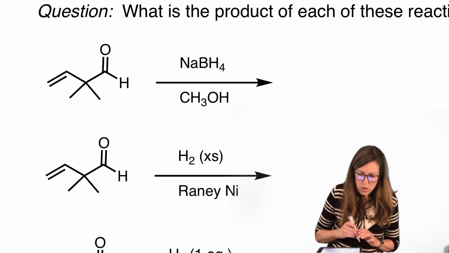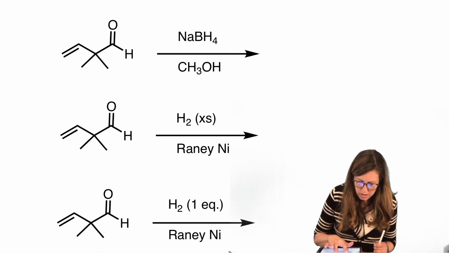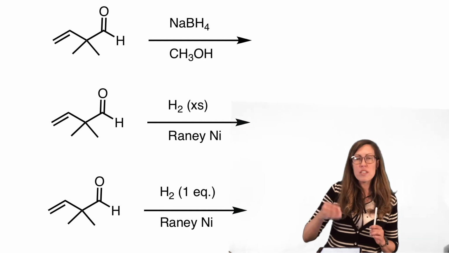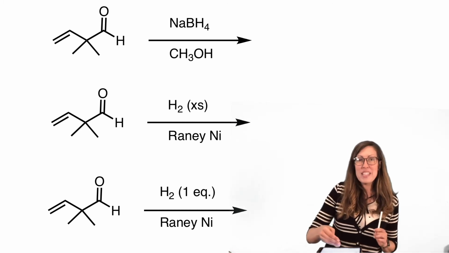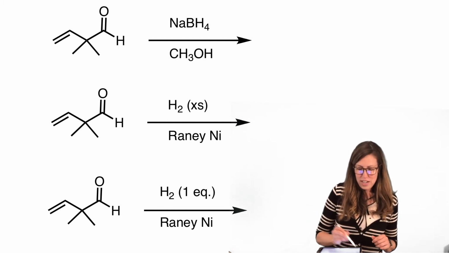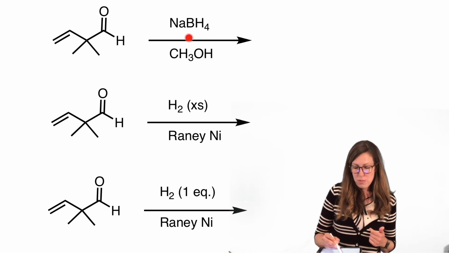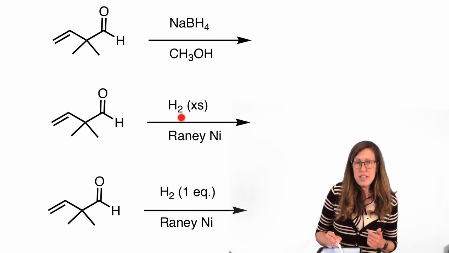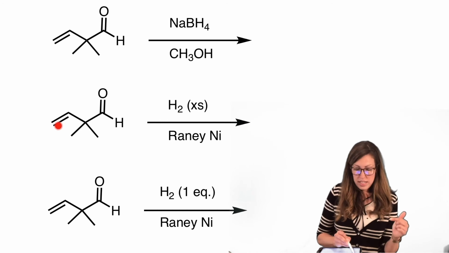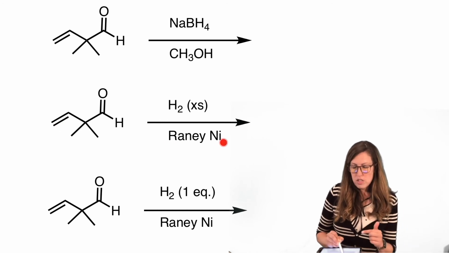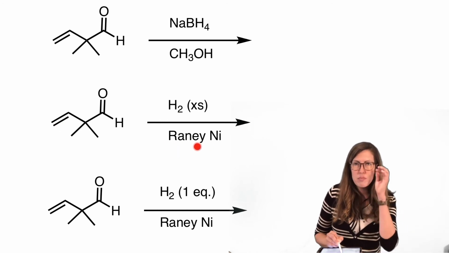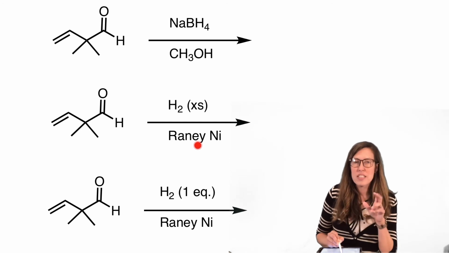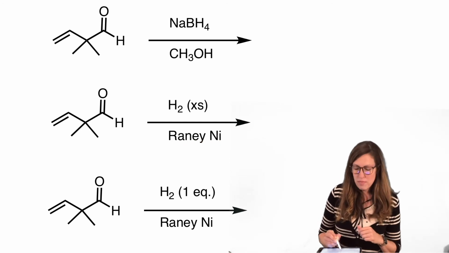Okay, so notice this little pattern we have going here. Three starting materials that are the same, three different reagents over the arrow. The first arrow is what we've seen before, sodium borohydride with methanol. The next one is H2, which we've used on alkenes before. But this is a special kind of catalyst cocktail. It's more of a slurry, technically speaking, called Raney nickel.